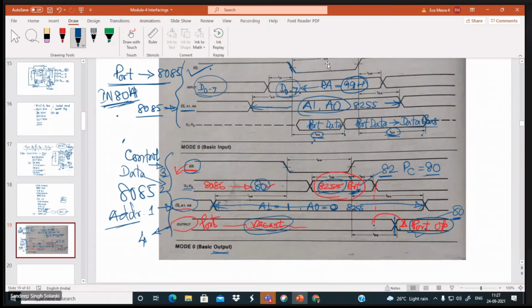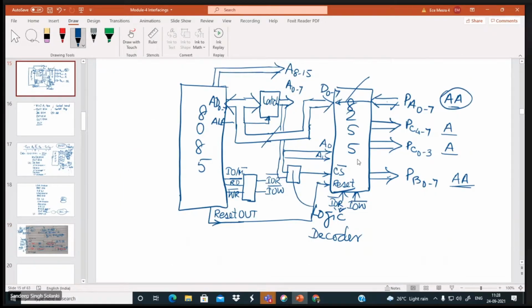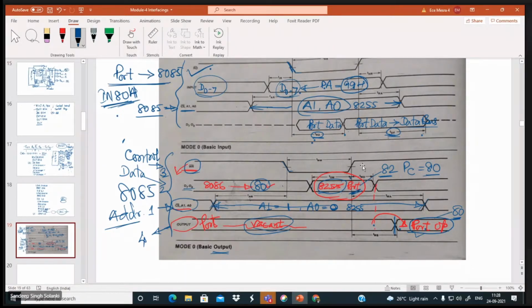So focus on the concept. Don't go inside of it. You can go into this only when you come across designing of a circuit. If you are asked to design some newer type of 8255, then definitely these details need to be understood. Am I clear now?